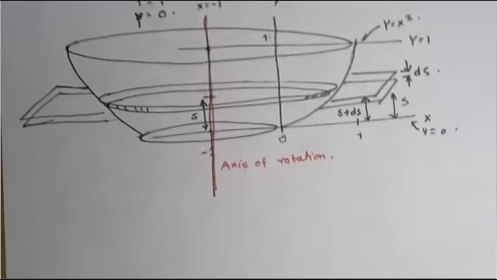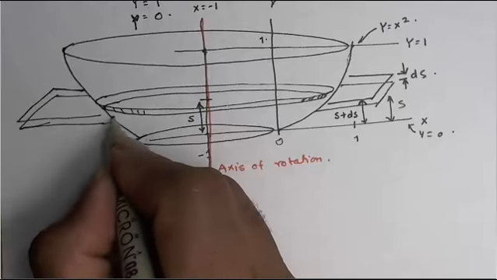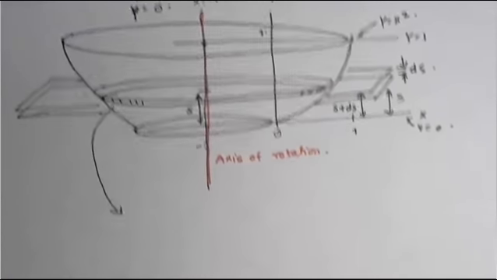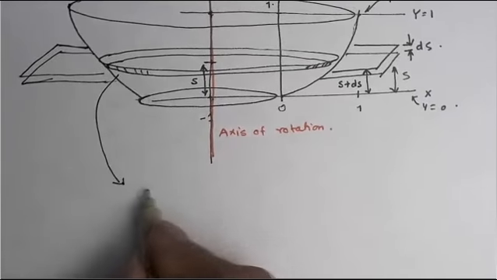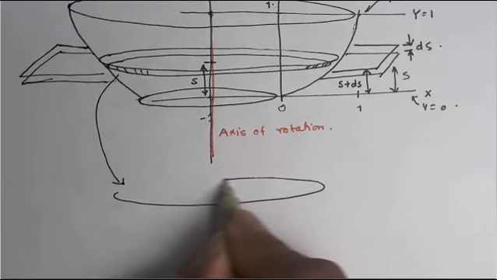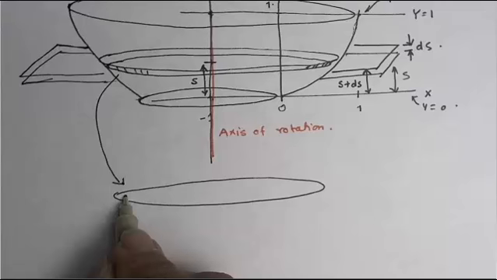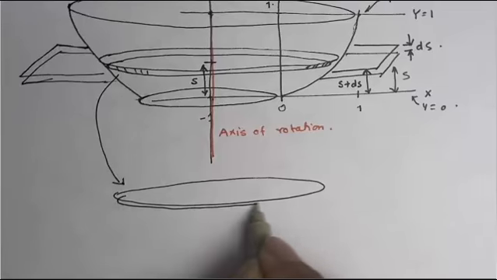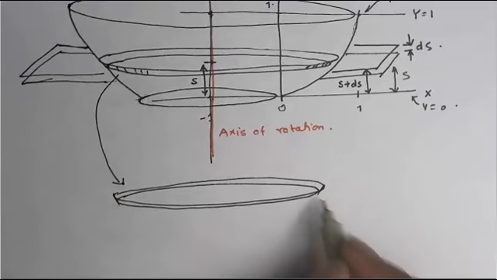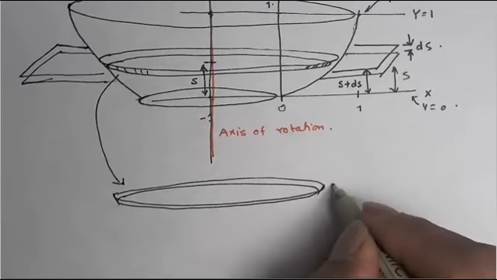So to make my life a little bit easier, let me just draw those two slices so we can look at them a little bit more carefully. So here's the top slice. Here's the bottom slice, and that's the volume that we're interested in calculating.